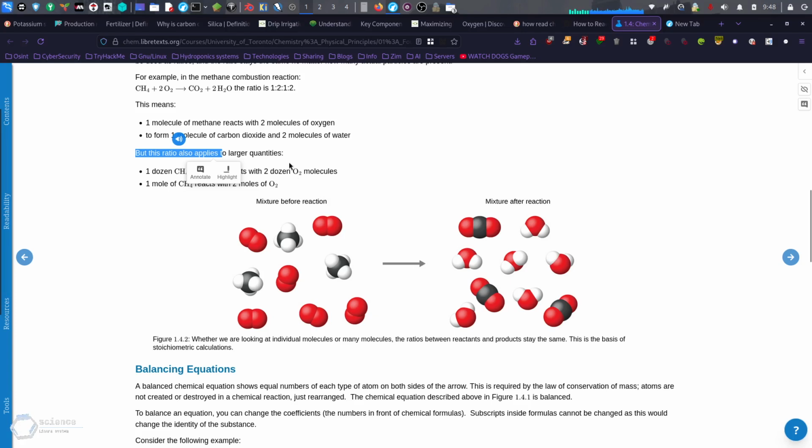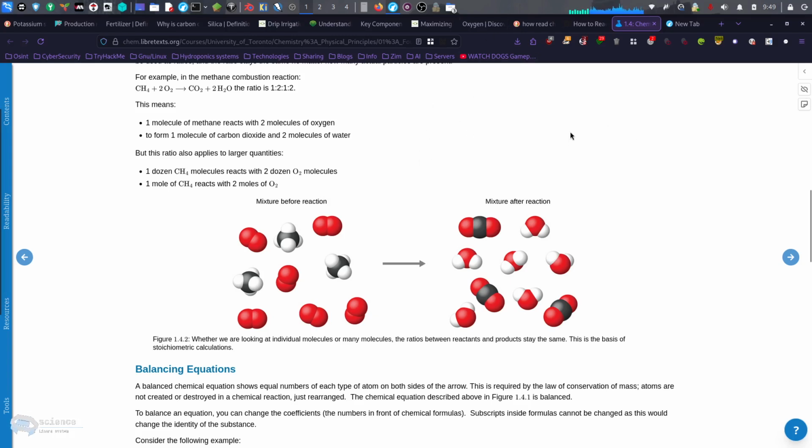Okay, let's continue. 1 mole of methane reacts with 2 moles of oxygen. We take a cup, we take methane 1 liter and put it into the cup.